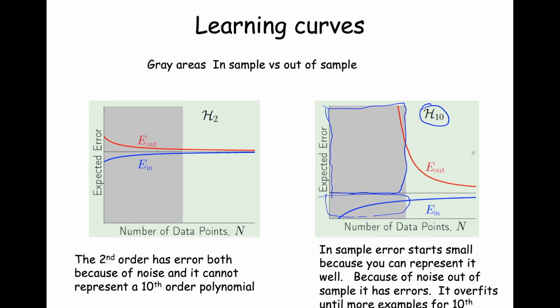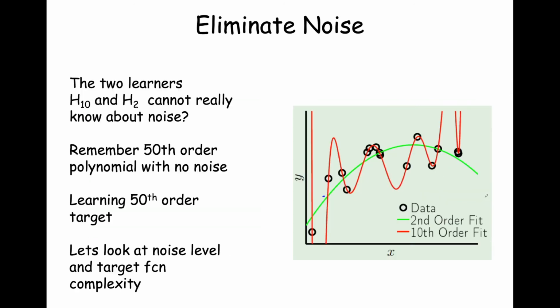But when we're choosing a hypothesis set, as we said earlier, you match the complexity of the hypothesis set to the data resources and not to the complexity of the target function. Because our target function has noise, when we're fitting, H10 is using its degrees of freedom to hallucinate a pattern from the noise. And it pays for that with poor out-of-sample performance.